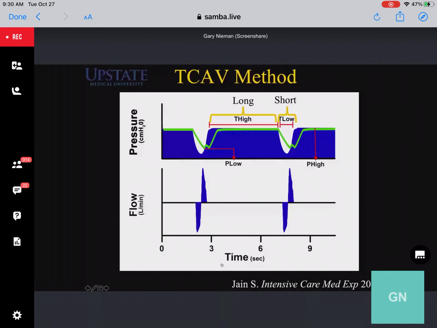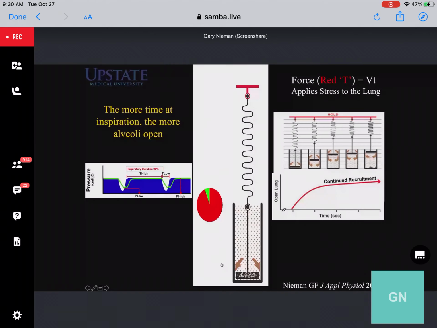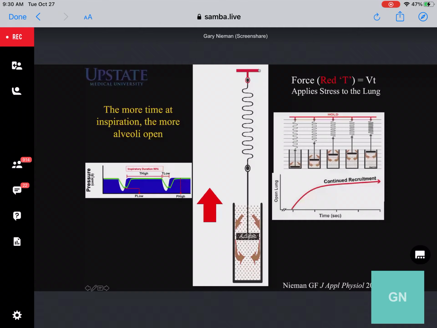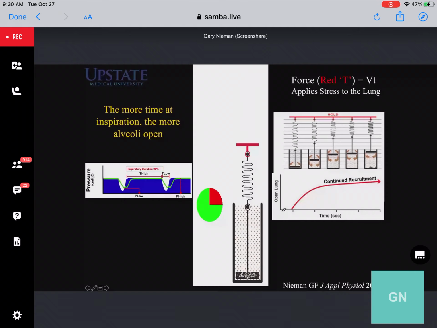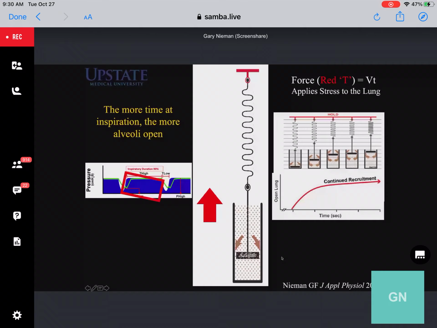So here we have our spring and dash pot. In this case, we're going to apply the force of the tidal volume, and then we're going to hold it. And as you see, as long as we're holding it, we get a continual movement of that dash pot.